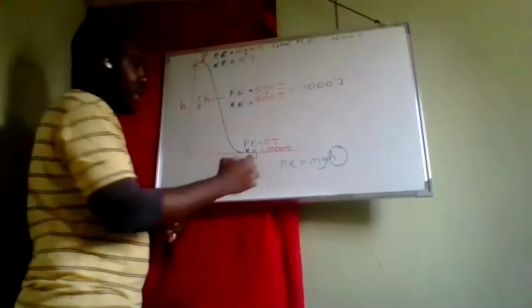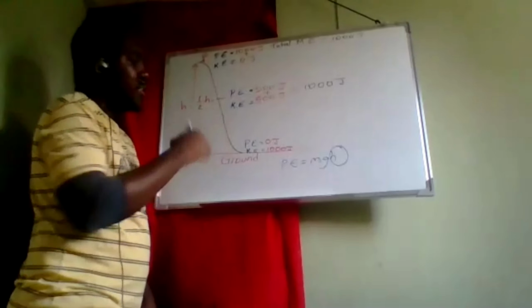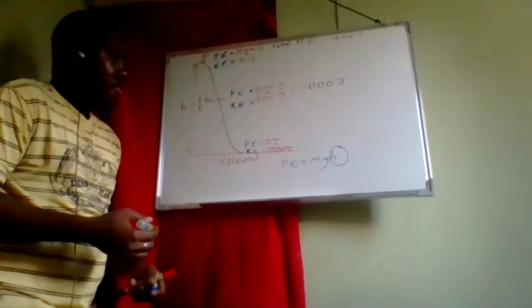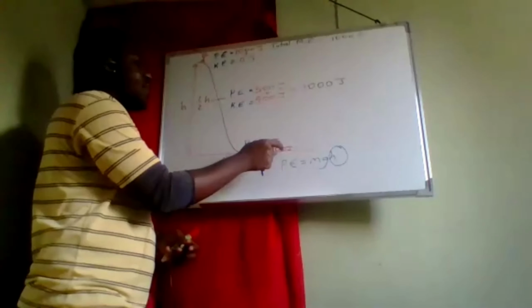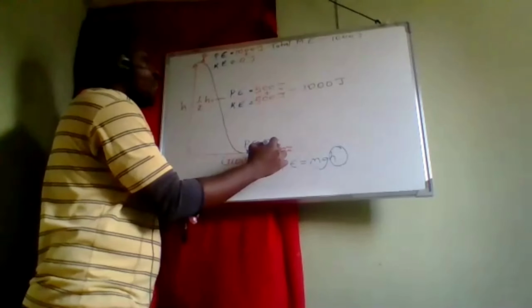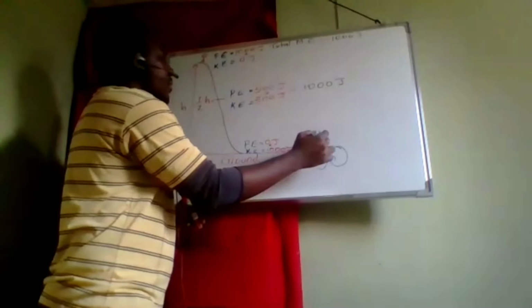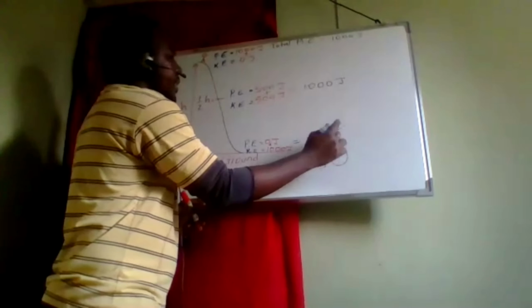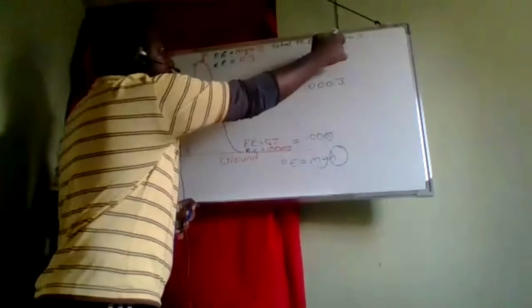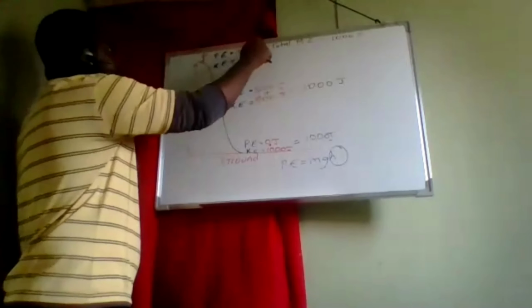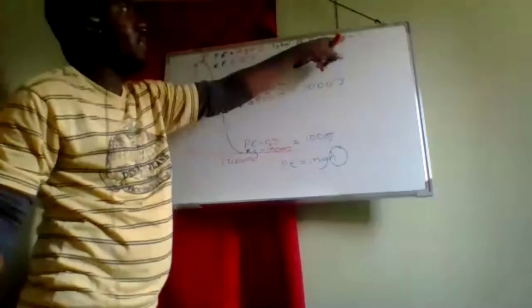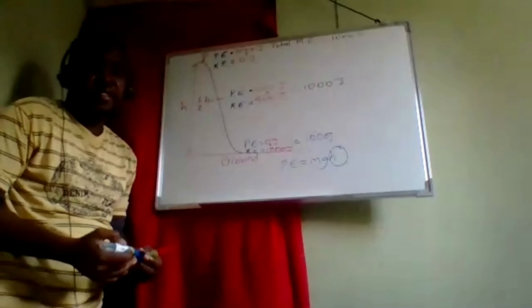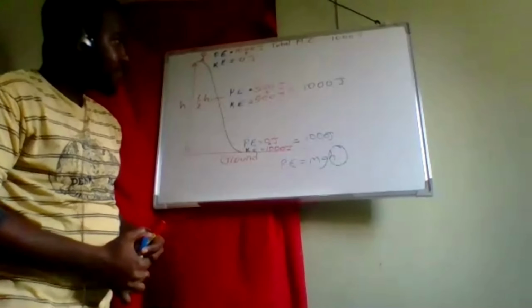So if there's no h, then potential energy is 0 joules. And if potential is 0 joules, then kinetic energy has to be 1,000. So when we add both, we get 1,000 joules, which equals back our total system. So we notice that at every point in our system, the total energy is always conserved, which is 1,000 joules.